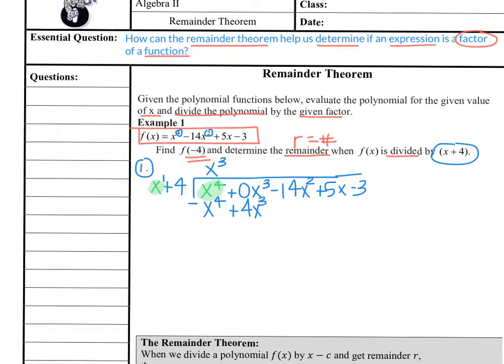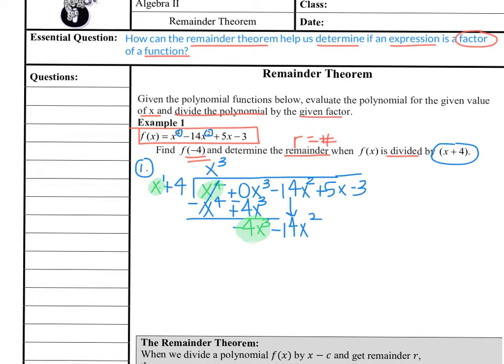Okay, and then we would subtract, and we would get those guys to cancel out, which is the goal. And then we would have 0x to the third minus 4x to the third would be negative 4x to the third. All right, now next up is to carry down just the next term, so negative 14x squared. And we want to take our same x to the first and see what we would need to multiply it by to get back to negative 4x to the third.